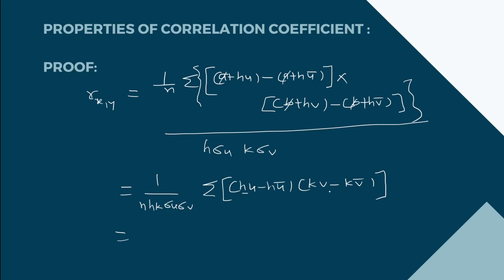Take h and k common from these brackets and take it outside. We get h into k divided by n h k sigma u sigma v summation (u minus u bar) into (v minus v bar). Here h into k and h into k get cancelled.